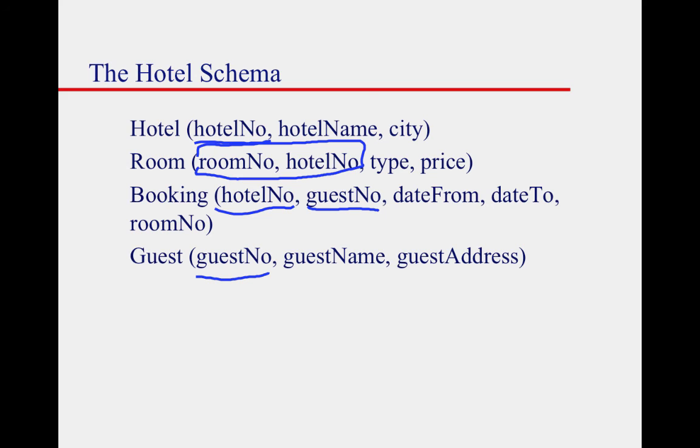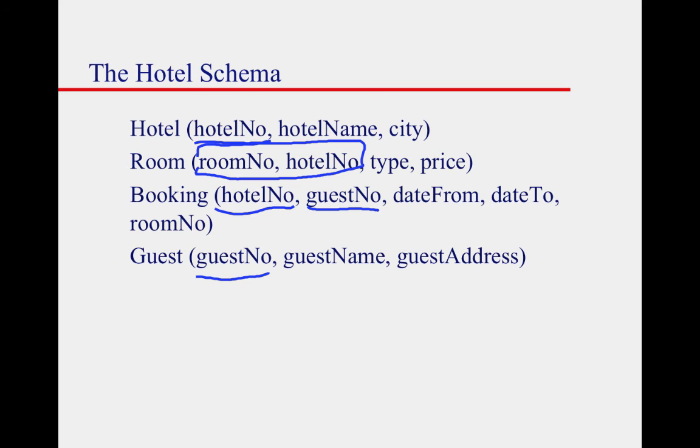For the foreign keys, does it have to be the whole set? Say, for instance, rooms: you have room number, hotel number, but hotel number is the primary key for hotel, so is that a foreign key there? Very good.